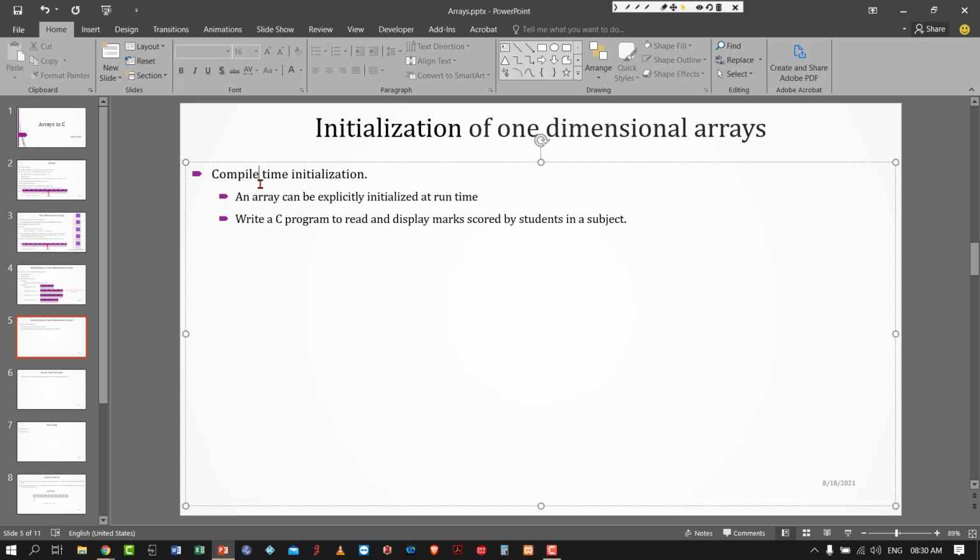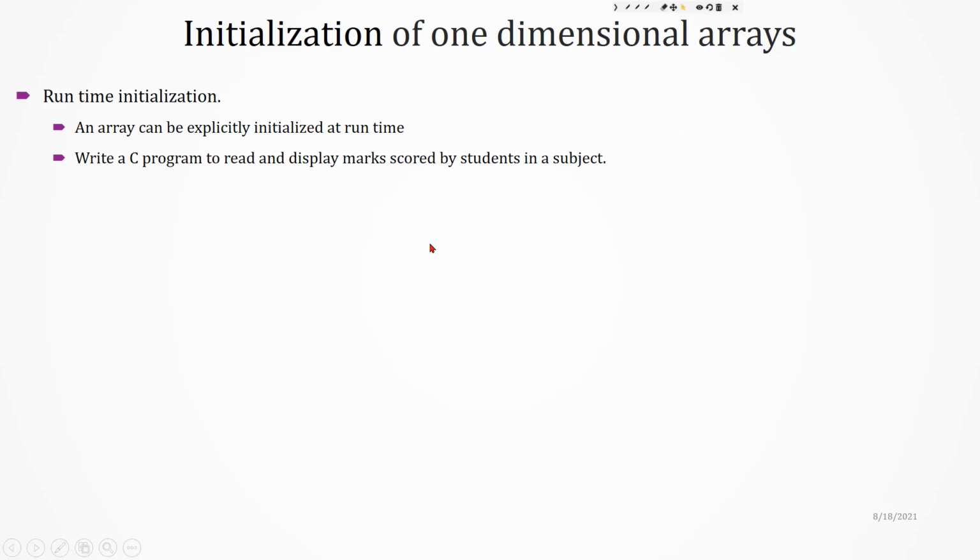This is not compile time, this is runtime. An array can be explicitly initialized at runtime. Explicitly means from outside.